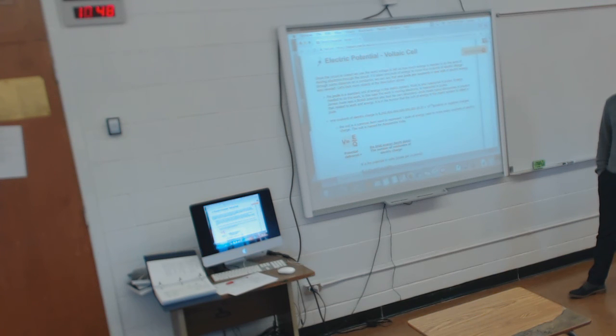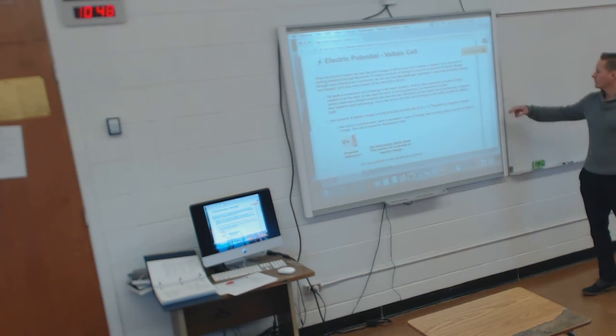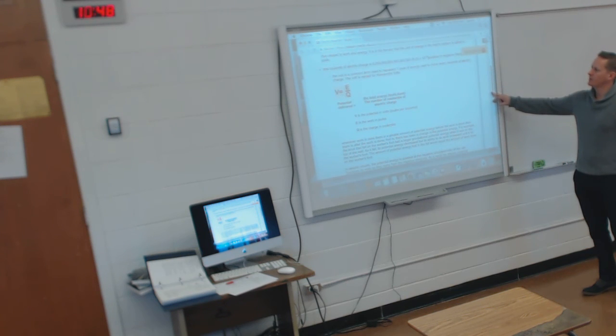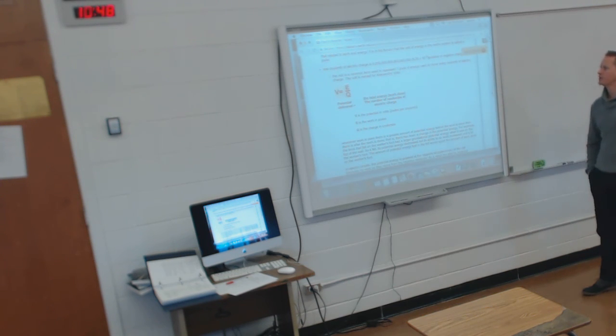It is in his honor that the unit of energy in the metric system is called a joule. 1 coulomb of electric charge is 6.25 times 10 to the 18. We already talked about that, right? The volt is a common term used to represent 1 joule of energy used to move every coulomb of electric charge. The volt is named for Alessandro Volta.